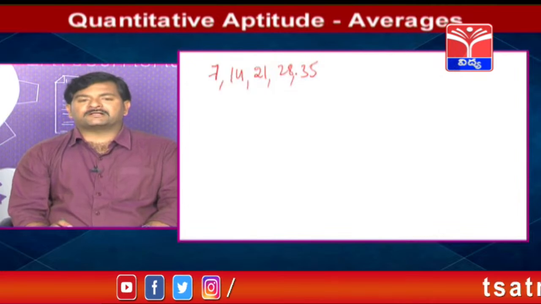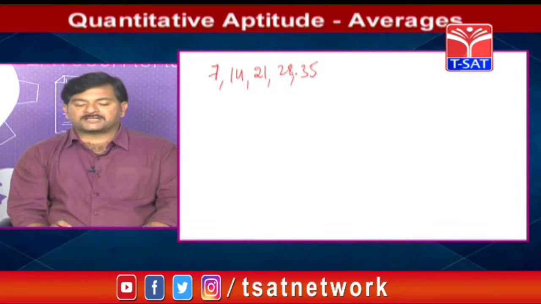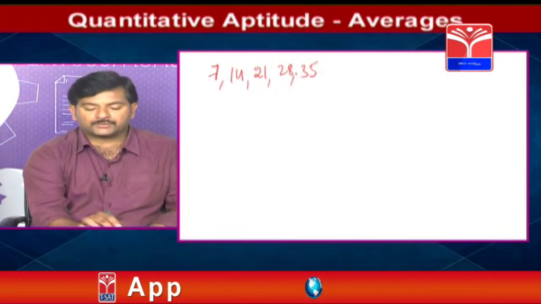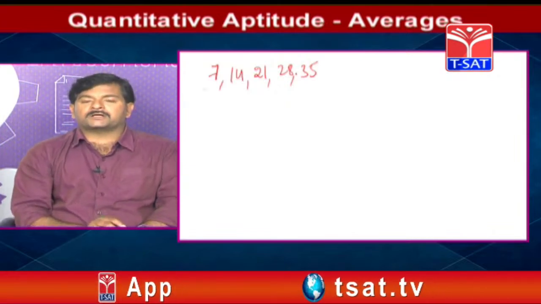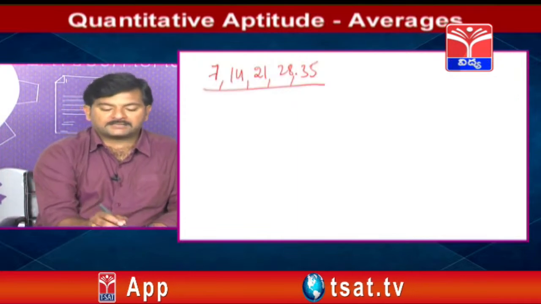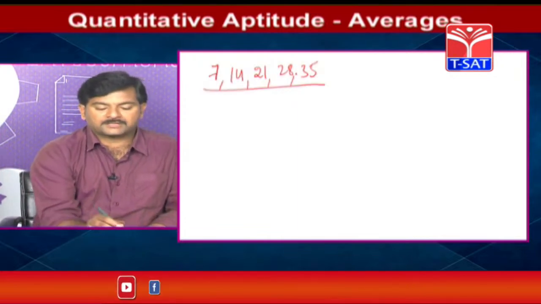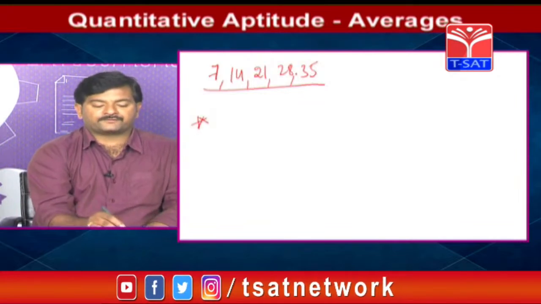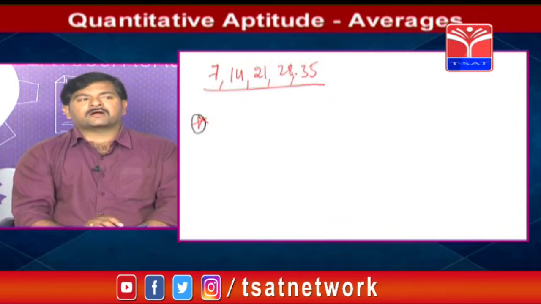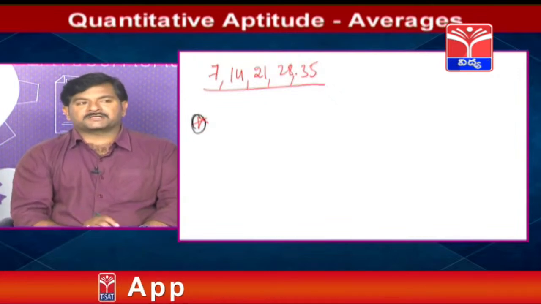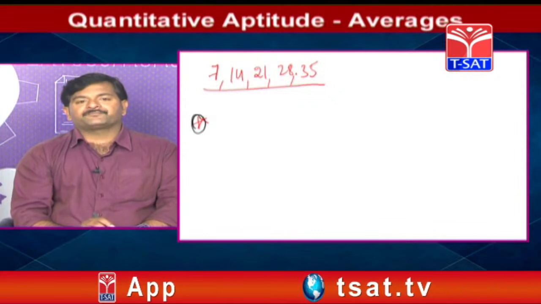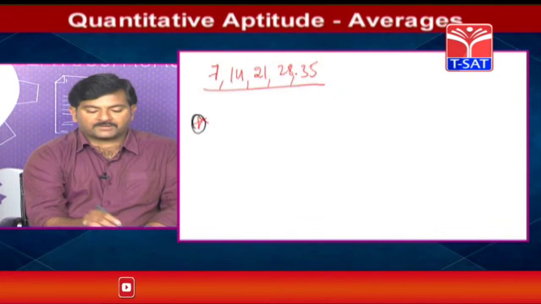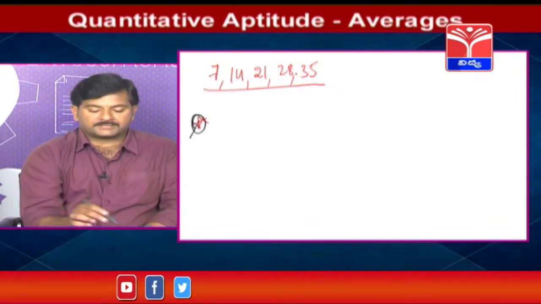Usually to find the average of all these numbers, what you will do? First number plus second number plus third number plus fourth number plus fifth number, by 5. Okay, but you need not do it that way. Again there is a beautiful concept. If the given numbers differ by a constant term, then there is a formula.